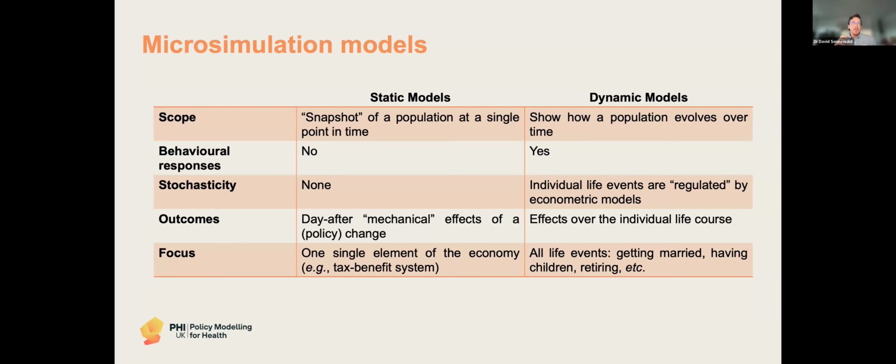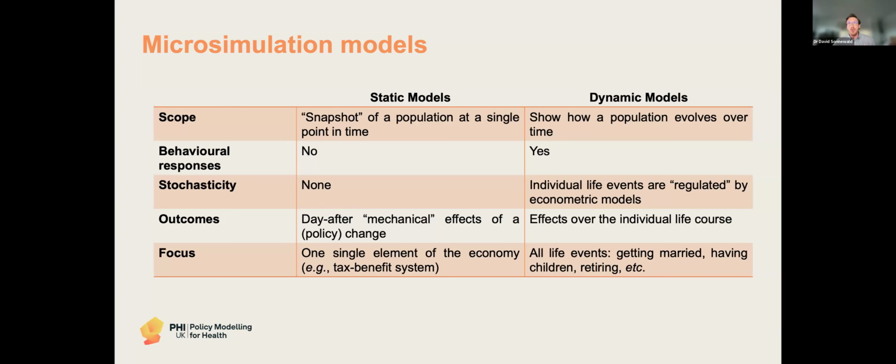And from this almost ontological difference stems all the others. If we take again the example of a policy, we know that in reality, agents adapt their behavior in response to a policy, right? However, by their nature, static models do not account for behavior responses.